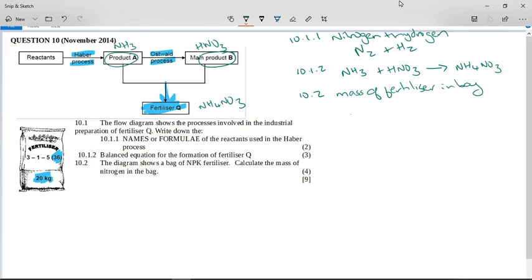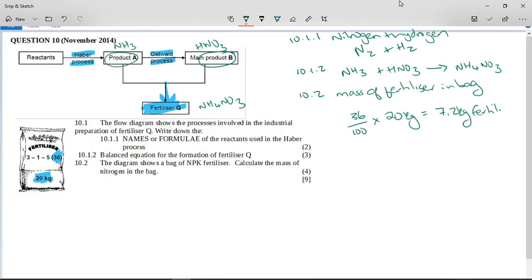It is going to be 36%, because remember that number in brackets is the percentage purity. It's going to be 36% of 20 kilograms. So 36% of 20 kilograms is 7,2 kilograms. So that's how much fertilizer we've got.